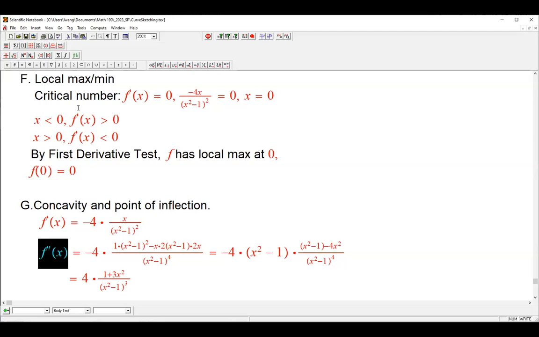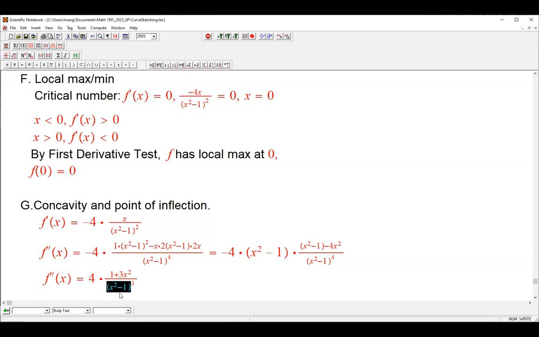Once we have this form of second order derivative, and we want to assess the sign of the second order derivative, the numerator is always positive. What will change sign? The denominator could change sign because the denominator is x squared minus 1 raised to the power of 3, an odd number. So when the parentheses is positive, the denominator is positive.